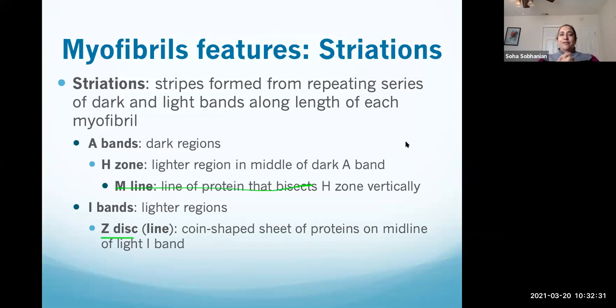So I have a question for you guys. Thinking about the striation pattern, which is basically the light and dark pattern, what do you think the dark section of the striation comes from? Is it from your A band, I band, or H zone?